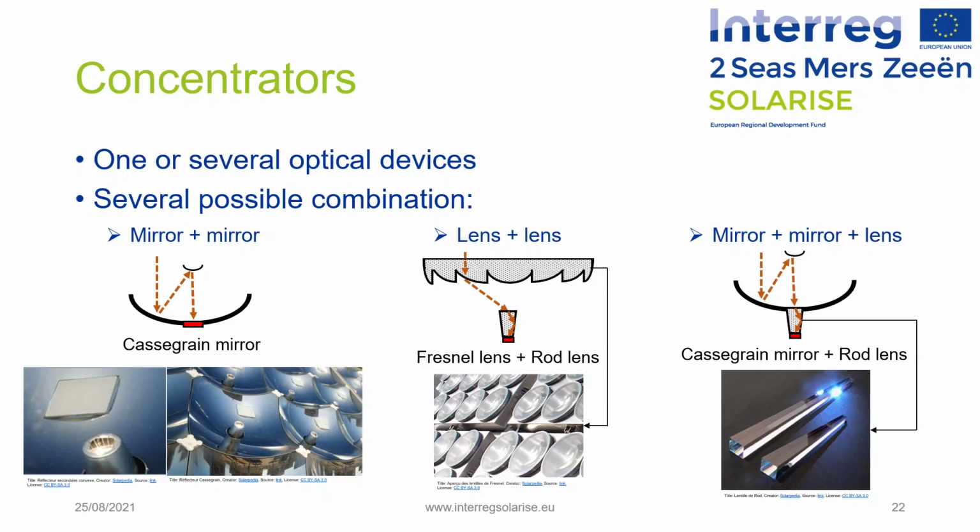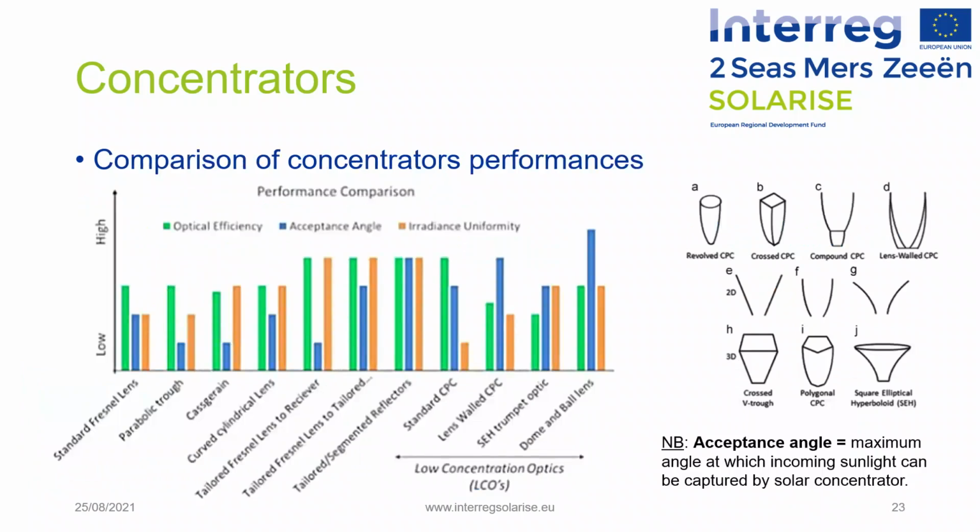Well, these are actually only 3 examples of existing CPV concentrators among many others that exist. But in order to compare them, their global performances have been based on 3 main characteristics. The optical efficiency, here in green, which is the ratio of the energy arriving on the solar cell to the energy arriving on the concentrator aperture.